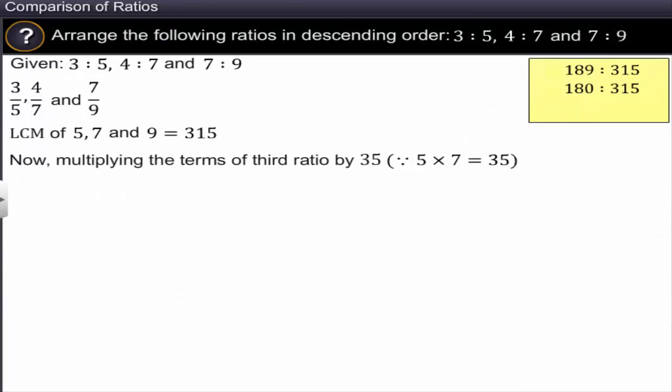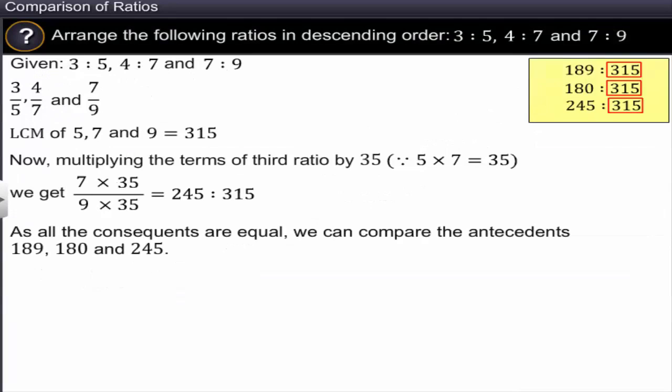Now, multiplying the terms of the third ratio by 35, we get the resultant ratio as 245 is to 315. Note that 35 is the product of 5 and 7.